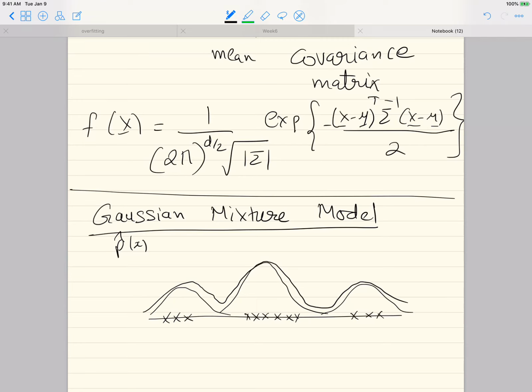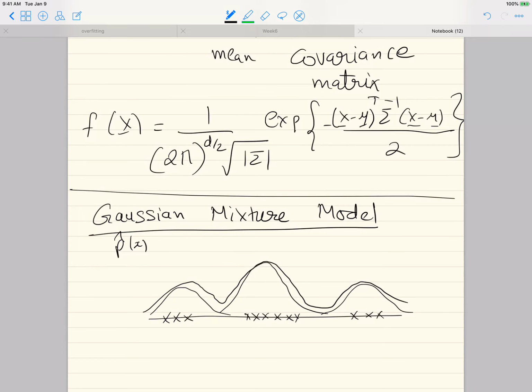It will have multiple bumps. So I'm saying my data points are sampled from this distribution, which consists of three Gaussians added together, weighted by some weights that tell us how likely each one is. So it looks something like this.